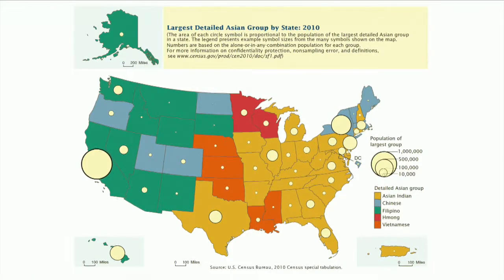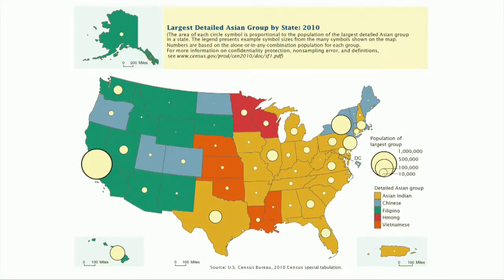But there are also important Asian communities in the United States, and this map shows us the prevalent Asian population in these states, and you will see the size and spread of Filipinos, where we have Asian Indians, and the parts of the United States where the largest Asian population are Chinese.